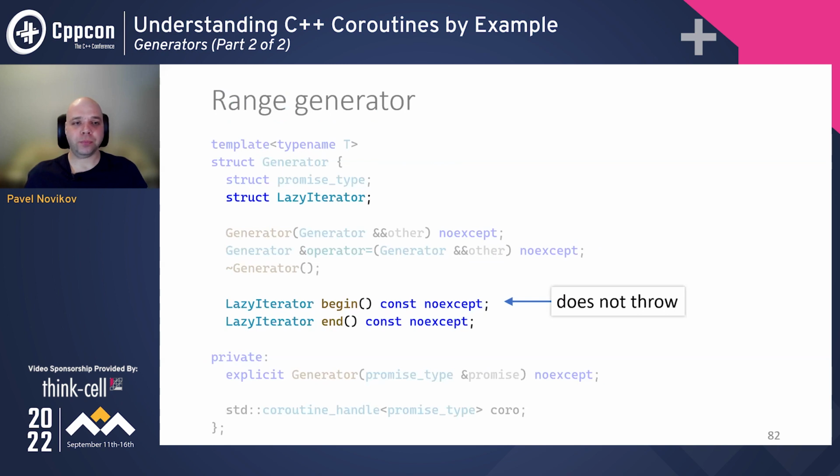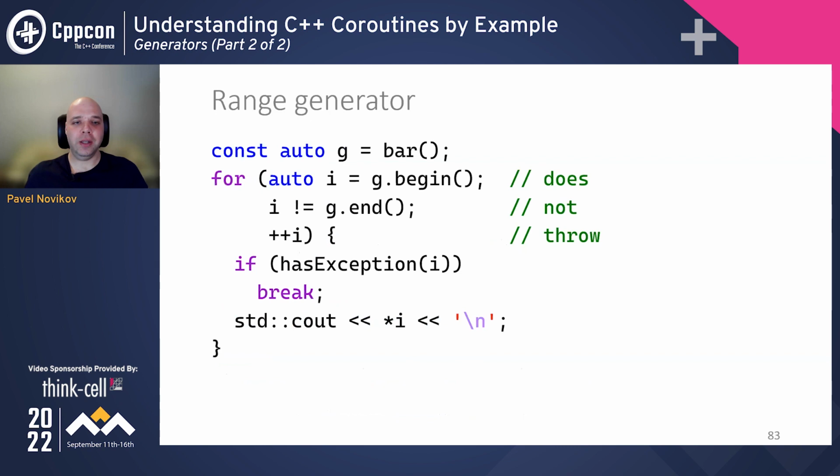And all we need to do is to replace iterator with lazy iterator. Everything else stays the same. I will not show you the implementation of lazy iterator. You can find it in the bonus section of the slides that will be available later. So in the case of lazy iterator, begin and end do not throw. Instead, the dereference throws.